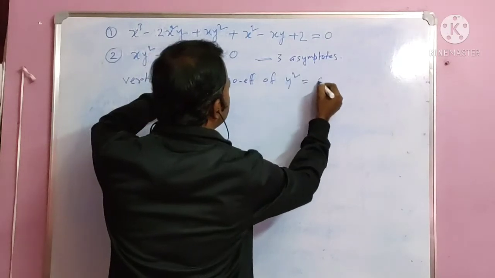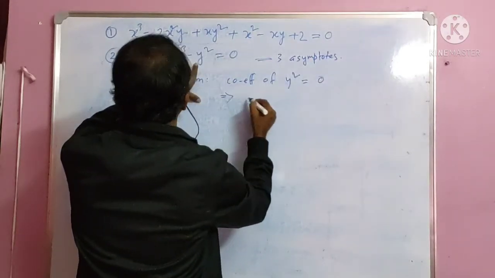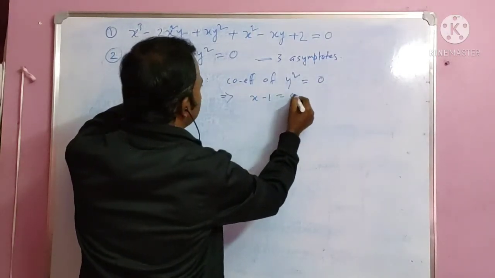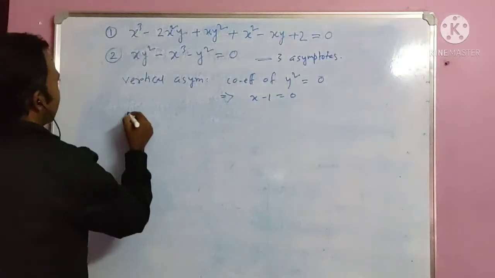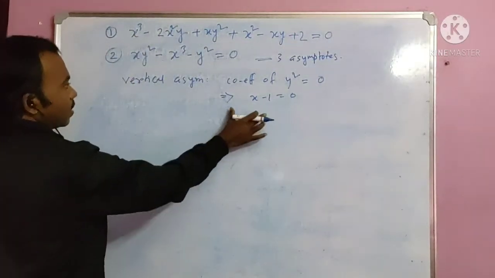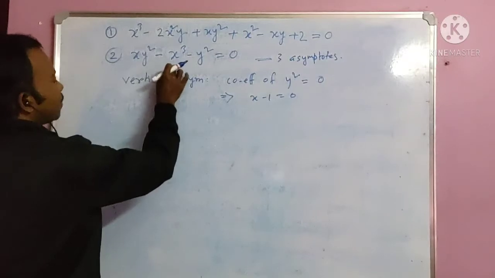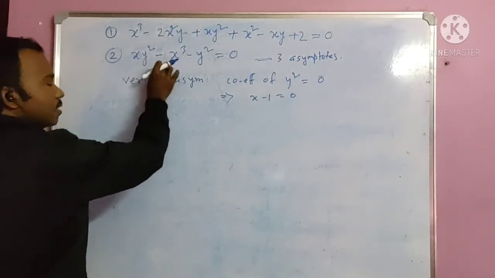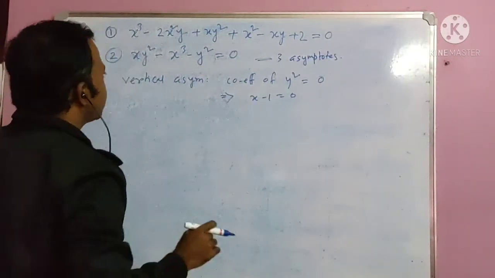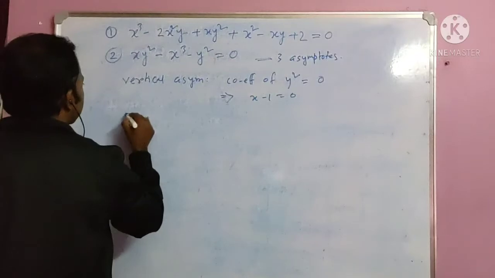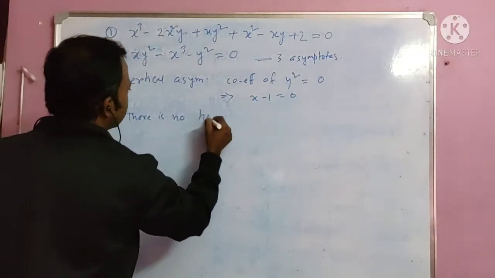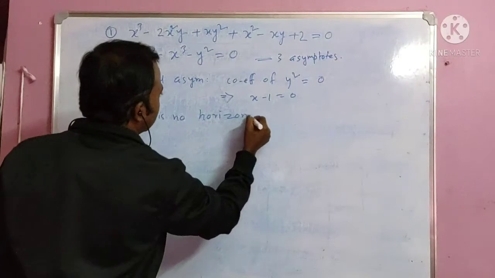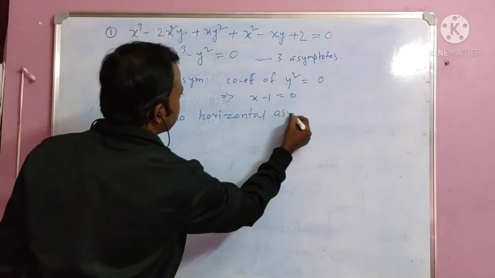Y square here equals to 0. This gives x minus 1 equals to 0. And for the horizontal asymptotes, coefficient of x cube is constant, therefore there is no horizontal asymptotes.